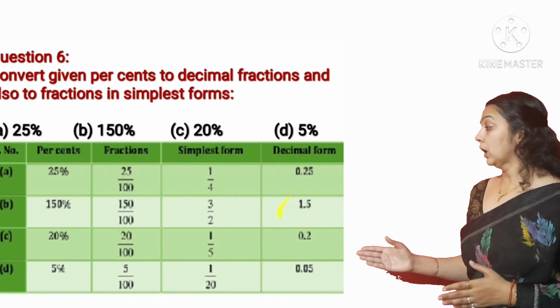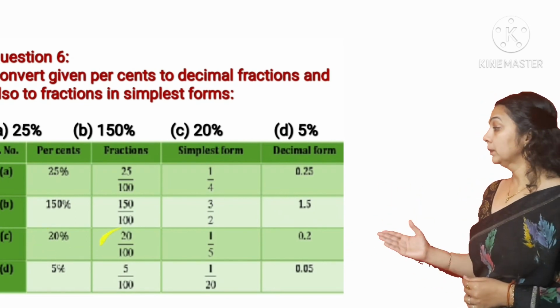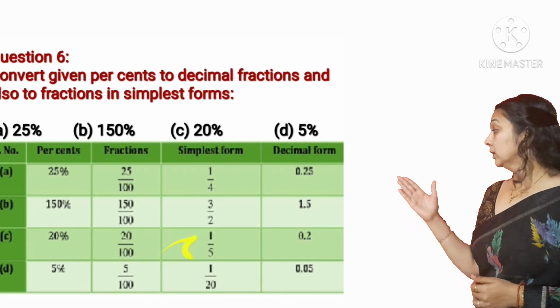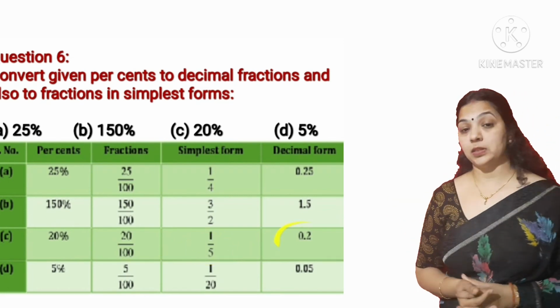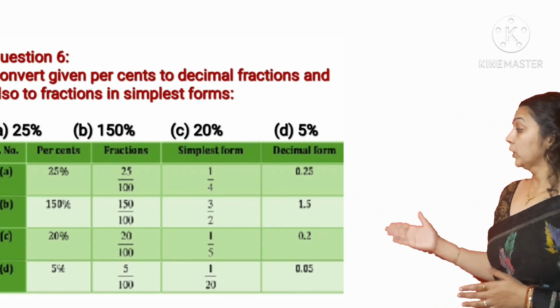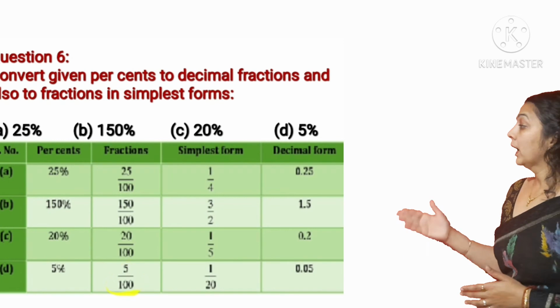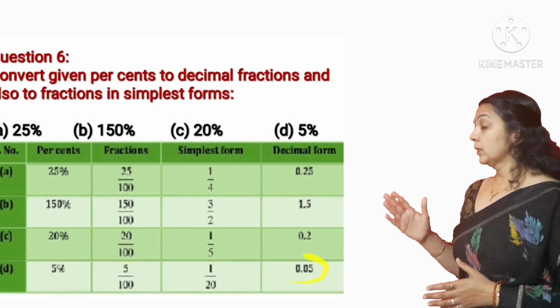So 20 upon 100 is the fraction form, and in the simple form it is 1 upon 5, and in decimal it is 0.2. Now the next one is 5%. So 5 upon 100 is the fraction form, 1 upon 20 is the simplest form, and 0.05 is the decimal form.